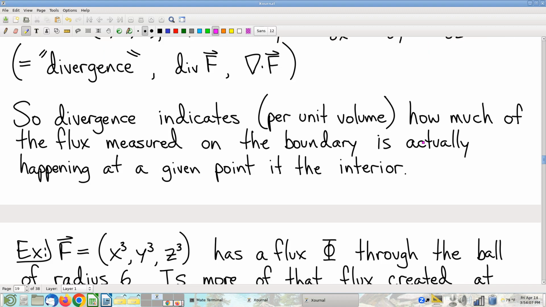So, as with all of our other densities, flux density tells you how much of what you're measuring as a whole is actually happening at given locations in the interior.